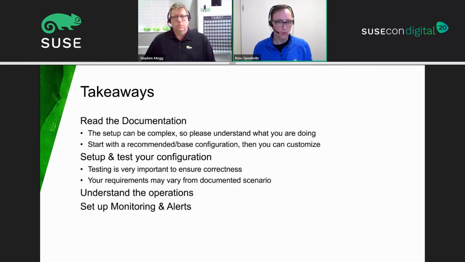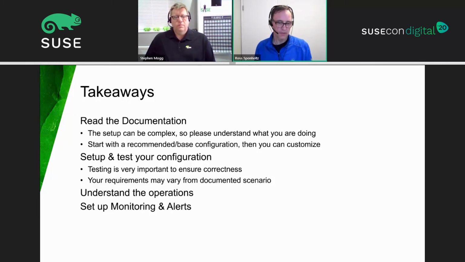Okay, so with that, we have a little bit of wrap up, a few takeaways. First, read the documentation. We have really good documentation, both from the SUSE perspective and the Azure perspective on setting this up. The setup can be complex, so please try and understand what you're doing rather than just go through the steps.